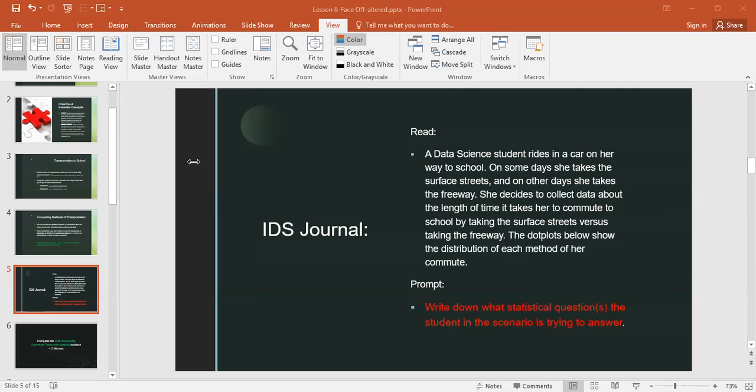So you're not only asking which one's faster, you're saying how much more time am I spending this way over that way? Good. Which transport takes longer? Compared to surface streets, how fast is taking the freeway to school? Yep. How much time and what are the lengths of the surface streets and freeway from our home to our school? Again, we're not looking at distance, it's only about time. Which form of transport? Yeah.